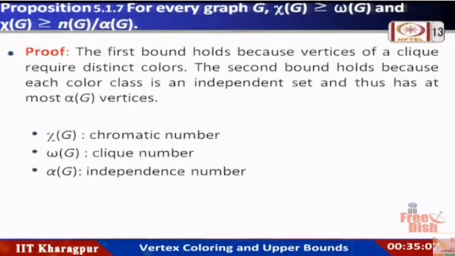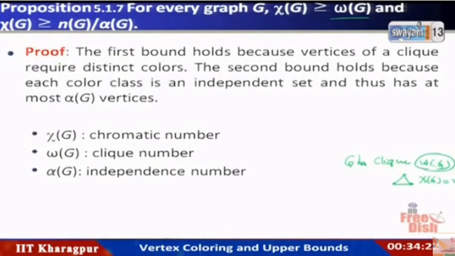So with this introduction of concepts, let us take a proposition: for every graph G, chi of G, the chromatic number of graph G, is at least omega of G. That means if a graph has a clique of size omega of G, you know that the chromatic number of a clique is the size of the clique.